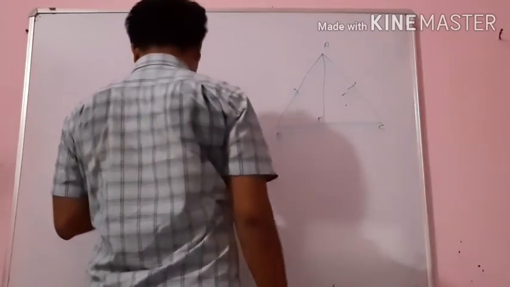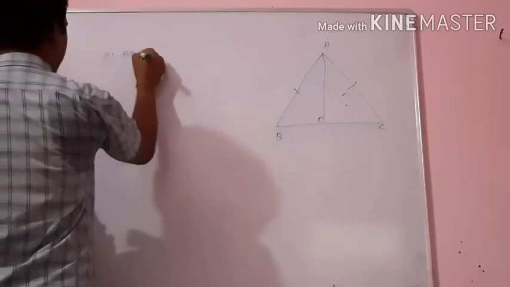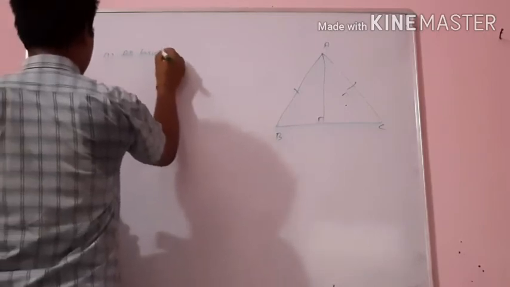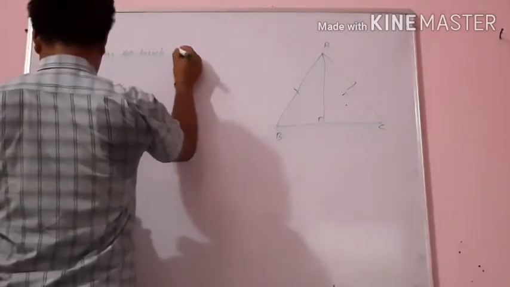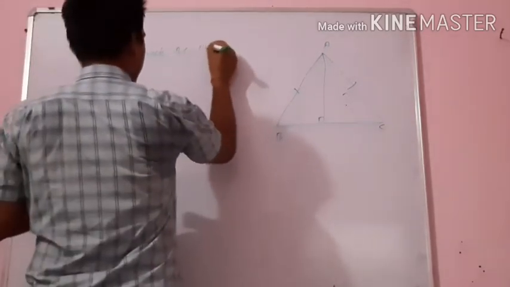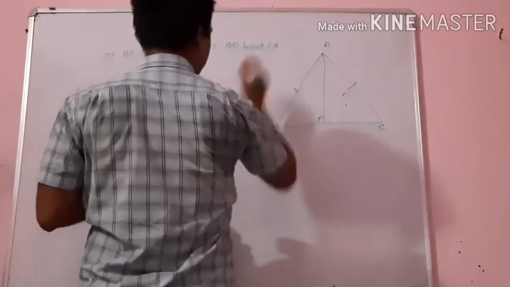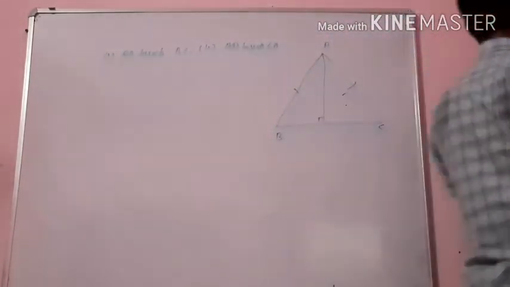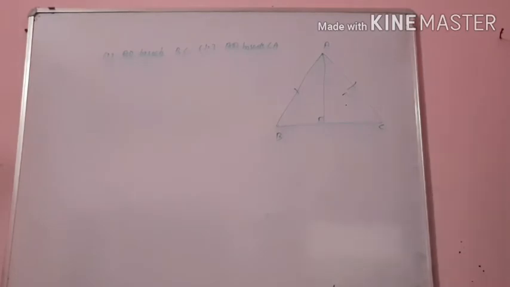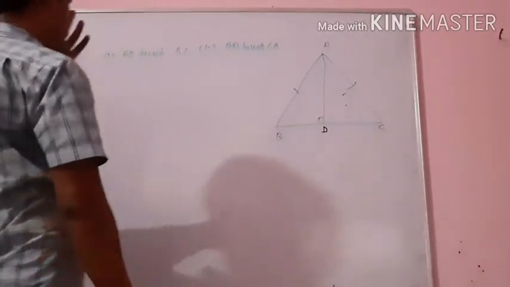This is 90 degrees. What we have to prove is that AD bisects BC, this is B, and AD bisects angle A.